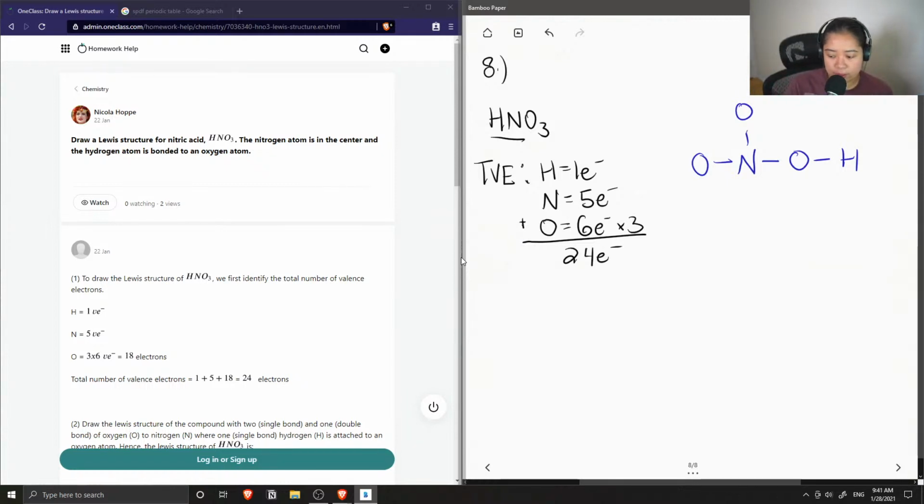So now if we look at the nitrogen, we need to draw a double bond to one of the oxygens. And then we will fill in all of the lone pairs.